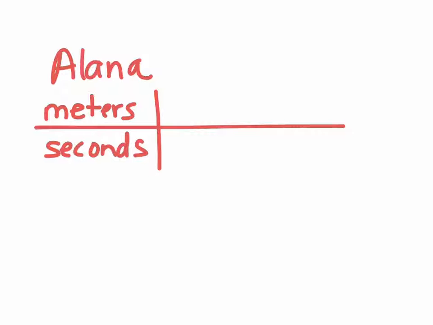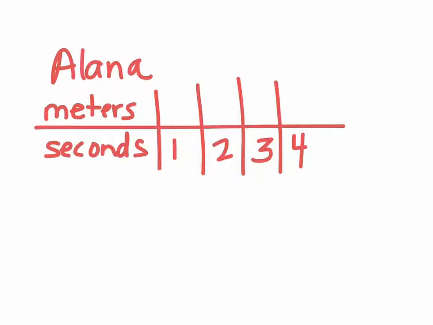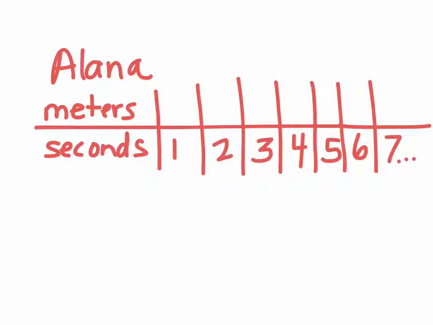And it asks in part A to record the first 10 seconds. So I would want to keep my rate table going like so until I get all the way to 10. Okay? If her rate is 1 meter for every 1 second, I'm going to fill a 1 in for the first second, a 2 in for the second second, and so on.